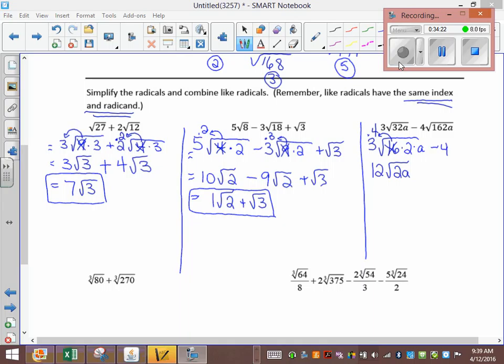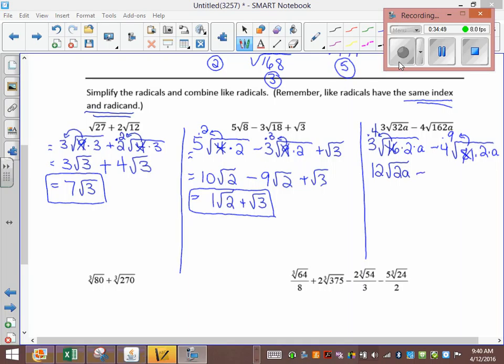Minus 4. Square root of 162, what perfect square can I break it into? Christina. How much? 81 and 2. When I take the 81 out, it becomes a 9.